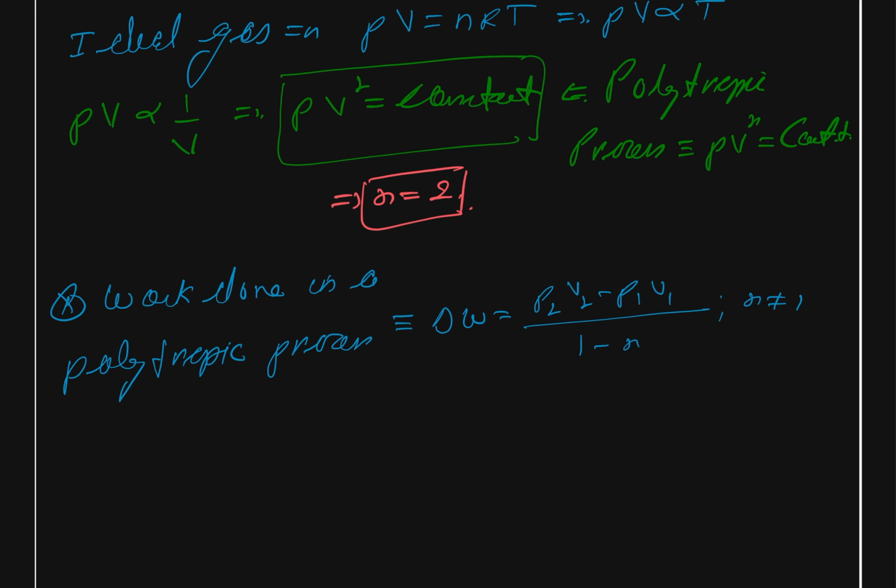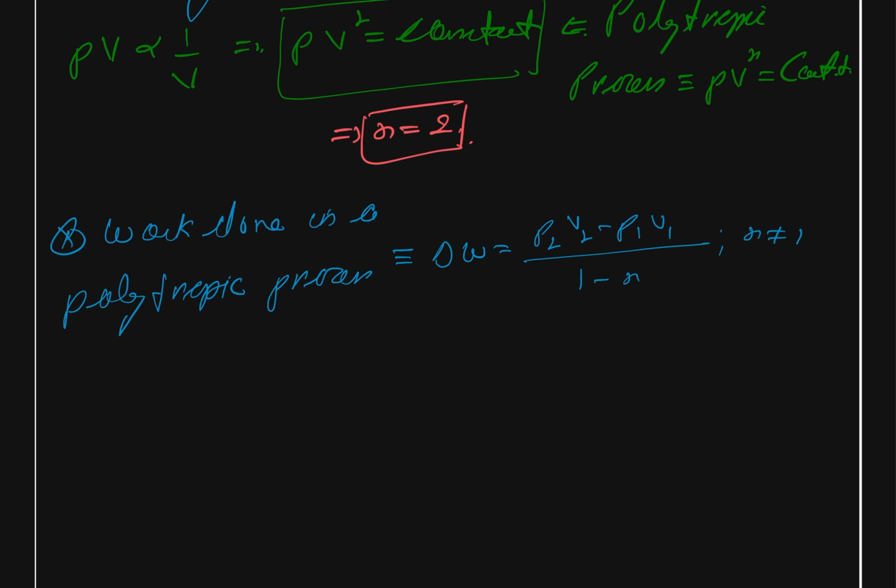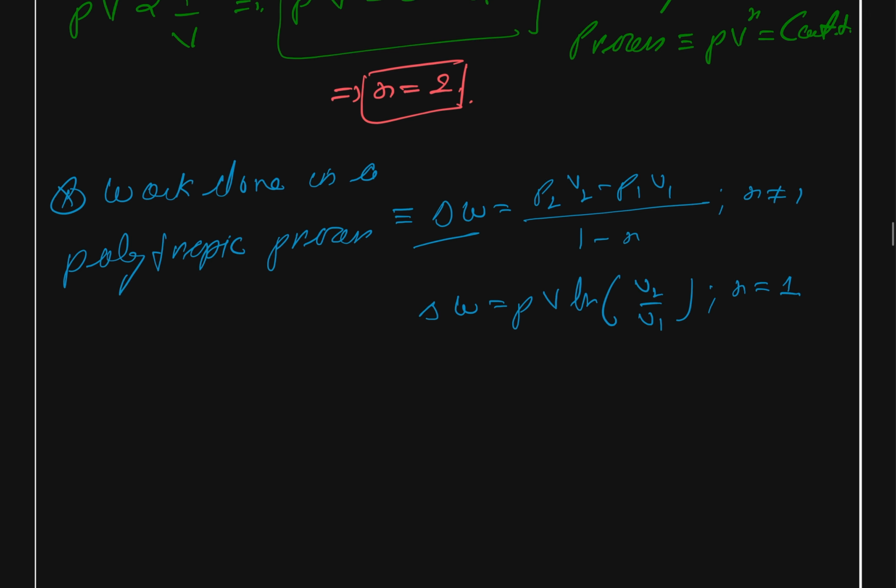And if x is equal to 1, we can write the same formula in a different way: PV natural log of V2 upon V1, and this is when x is equal to 1. In this case x is equal to 2, so we are going to use our first formula.